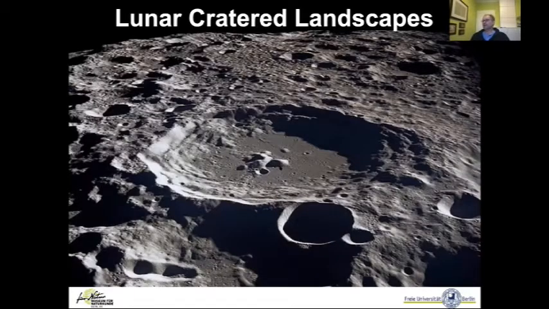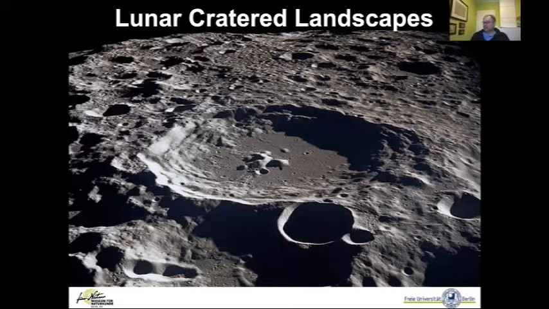Here we go. As I said, the lunar surface is covered with craters. This is a bit of an older picture. We have now much nicer ones. This is from the Apollo mission. But nevertheless, when you look at this, you basically see the same thing as you see today.